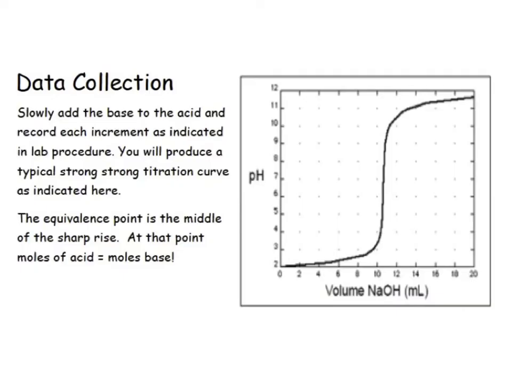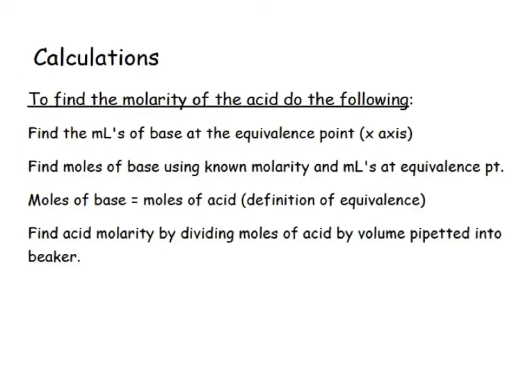When you get to the calculations, to find the molarity of the acid, you're going to find the milliliters of base at the equivalence point. Okay, that's going to be on your x-axis. Then you're going to find the moles of your base, and we know that we had 0.25 molarity of our NaOH.